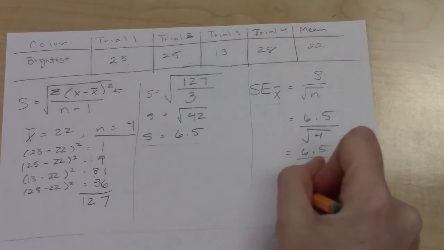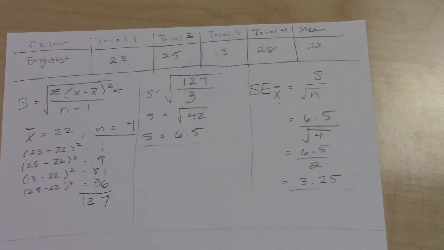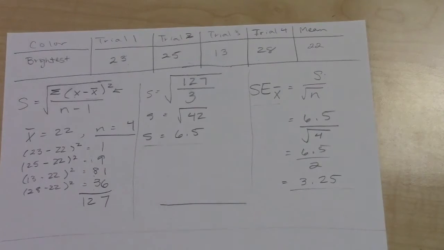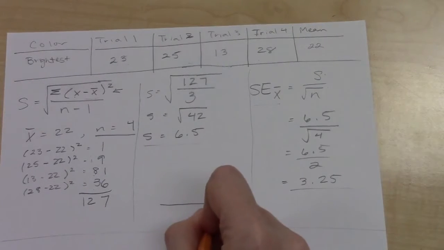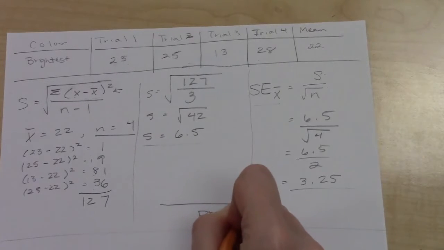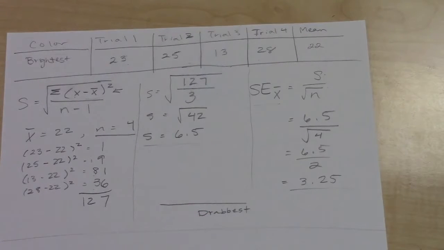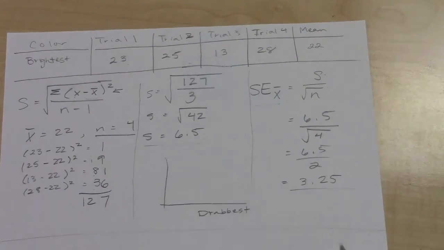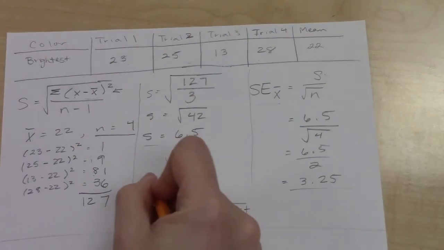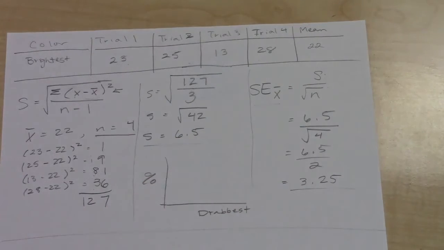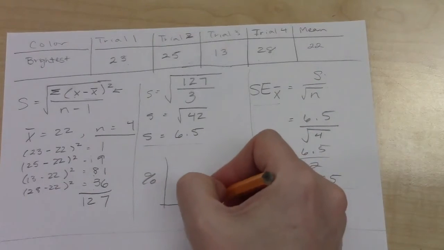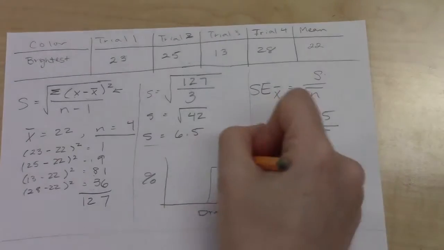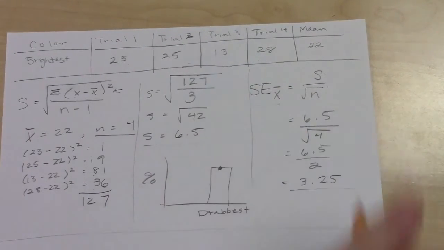And so here's our standard error of the mean, and this is important because when we go to draw a graph and we have our drabbest section and we are looking at our percent of drabbest guppies, then our value will be 22, our mean.